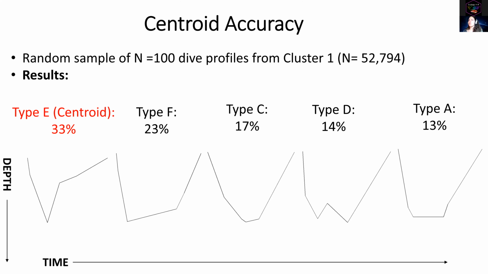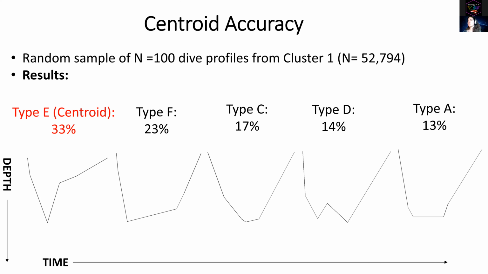These are general profiles that have been described for leatherbacks and other sea turtle species. I thought this was really interesting because the type E centroid was the dominant centroid, which is good. It was closely followed by type F, which makes sense because type F, even just visually, is pretty similar to type E and represents similar behaviors, so again, pelagic foraging and feeding.